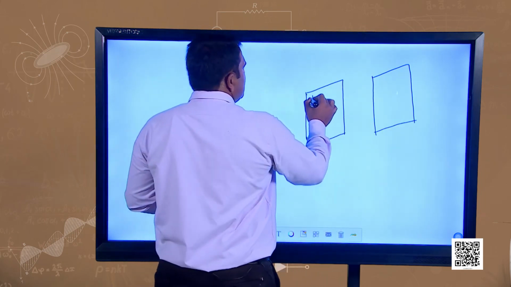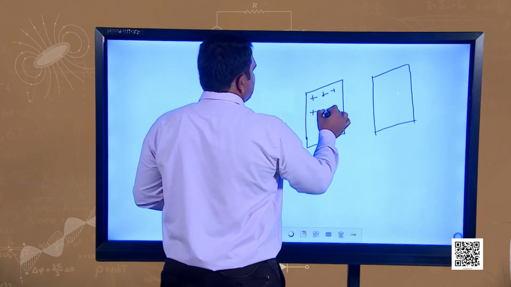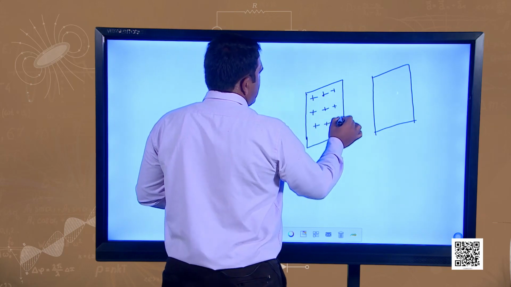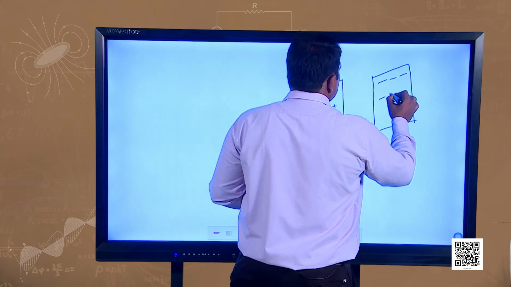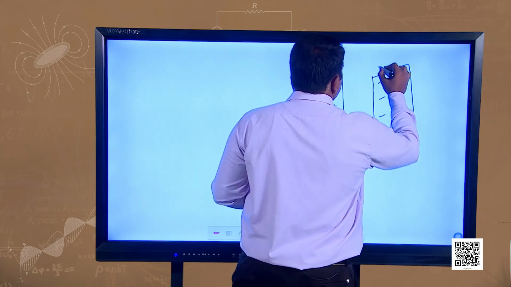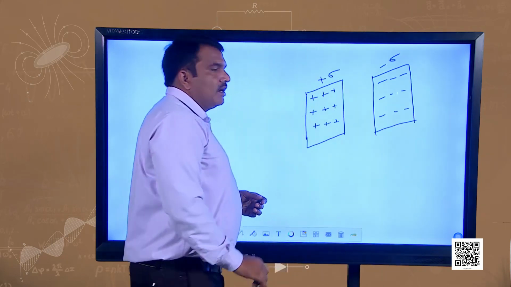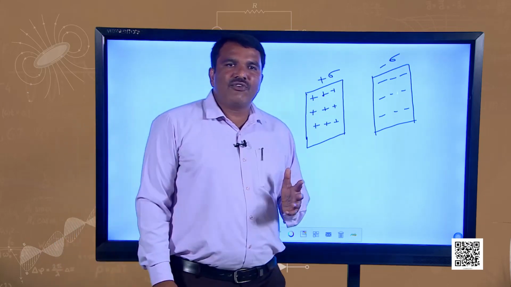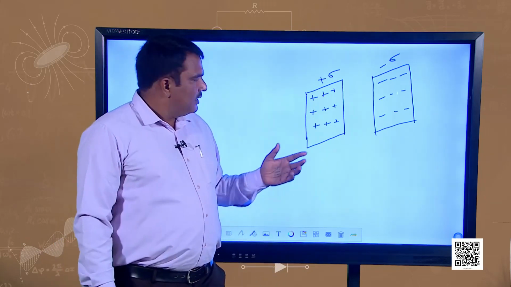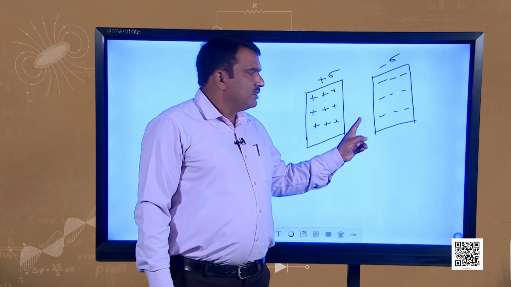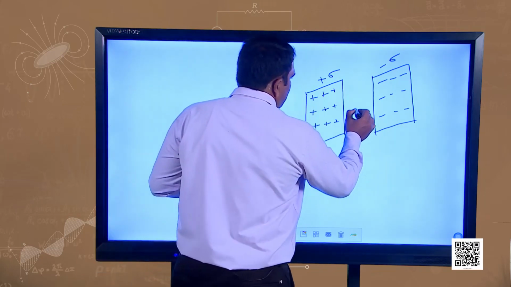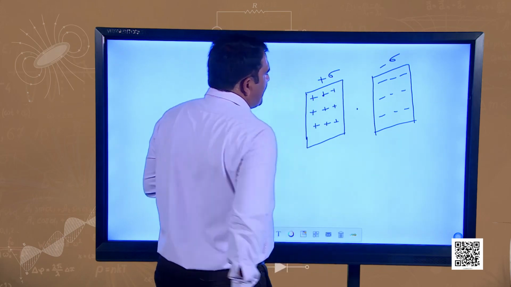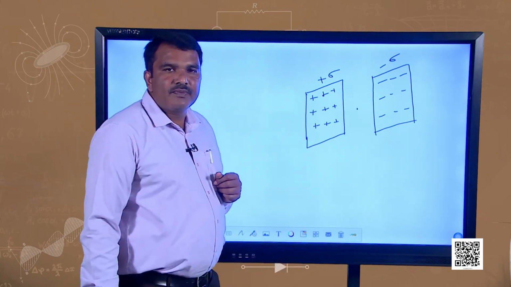Suppose charge density on the sheet 1 is plus sigma and charge density on the sheet 2 is minus sigma. Now, you have to find the electric field at any point between these two sheets. So, suppose this is the point where we want to find out the electric field.